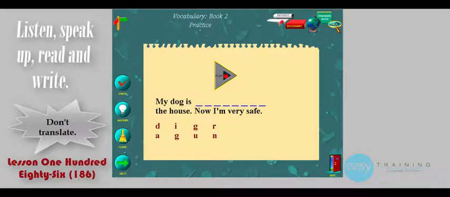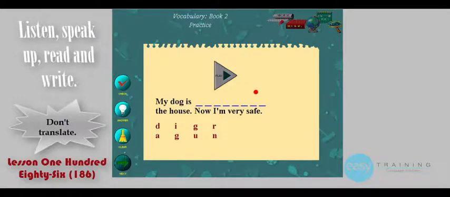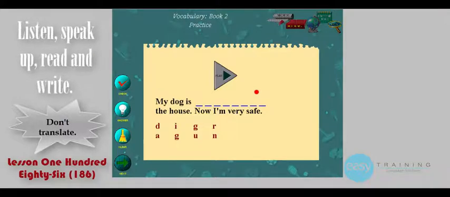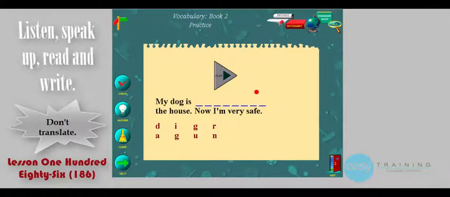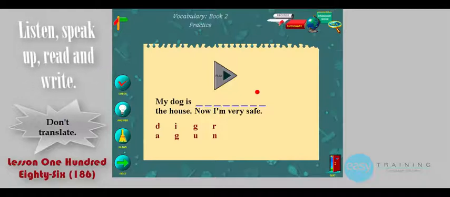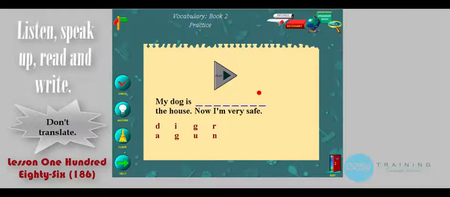Listen. Guard. My dog is guarding the house. Now I'm very safe. This man says his dog is guarding the house. Now he is very safe. Guard. How do you spell guard?